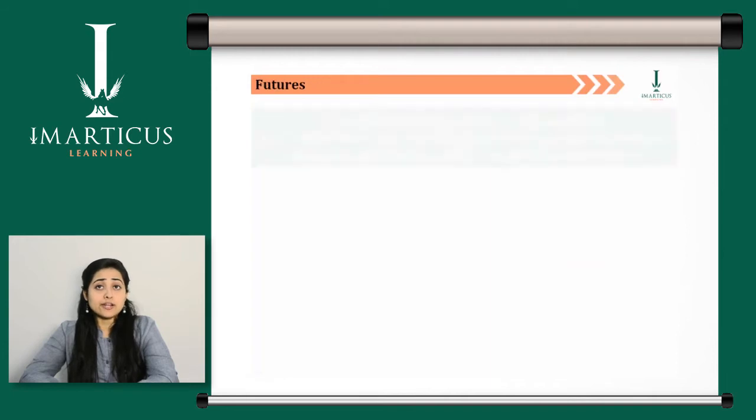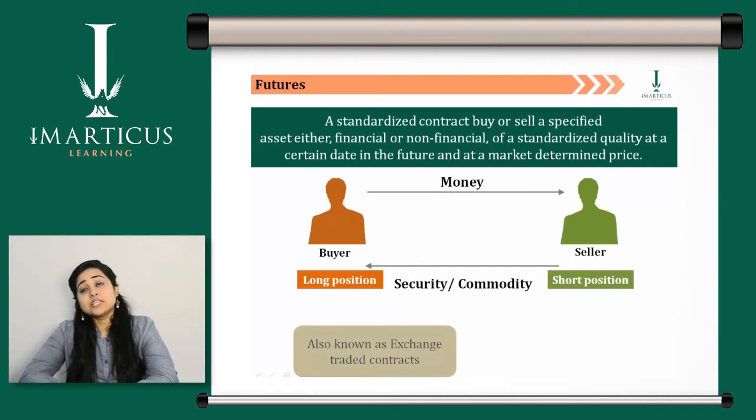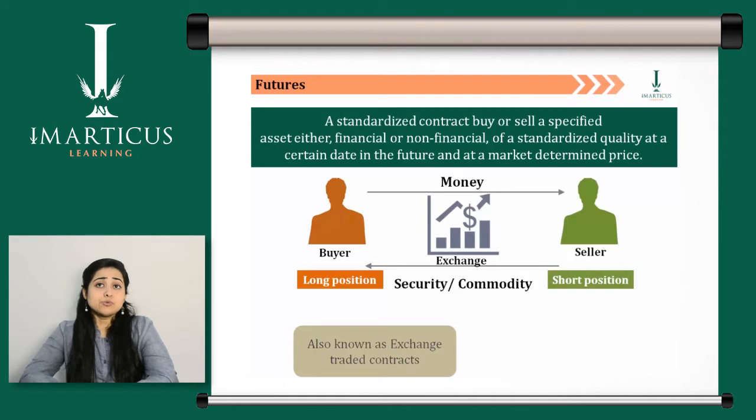A futures contract is a standardized contract to buy or sell a specified asset, either financial or non-financial, of a standardized quality at a certain date in future and at a market determined price. Futures are also known as exchange traded contracts. In fact, the only difference between futures and forwards is that futures are traded in regulated exchanges while forwards are traded over-the-counter.